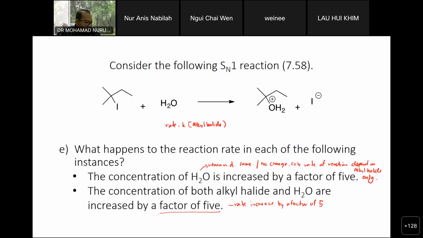You have to copy the answer here because the reaction rate depends on the alkyl halide. If they say this is an SN2 reaction, 5 times 5 is 25. I hope it's clear.